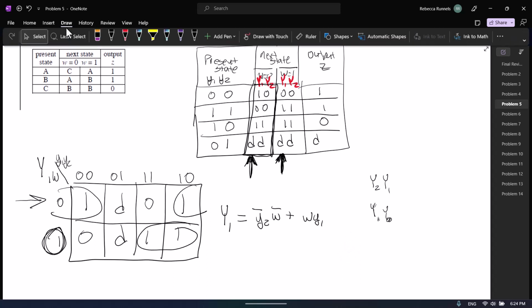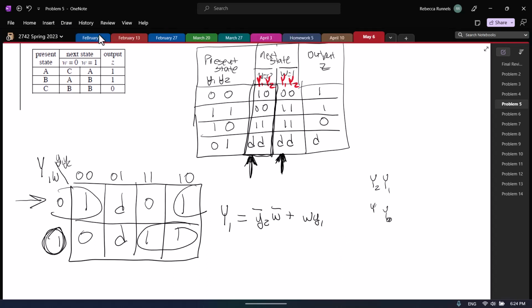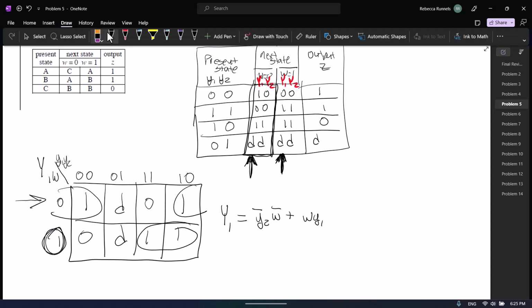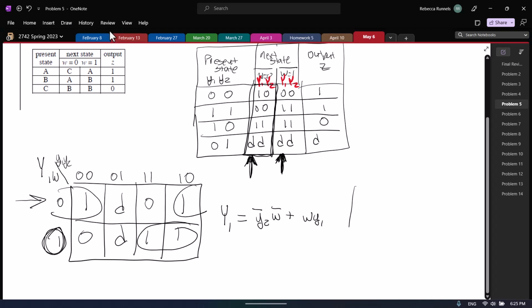So that is my expression, and this would correspond to a flip-flop. So this y1, if I were making a circuit, that would be a flip-flop. So that would be a D flip-flop.